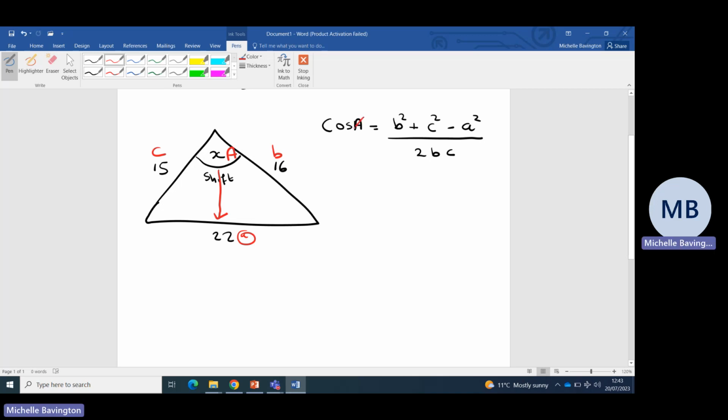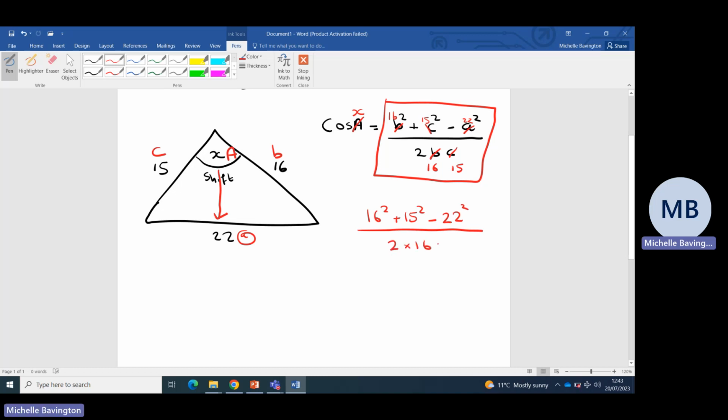So cos x, because we don't know it. B is 16, C is 15, A is 22. So I'm going to put all this into my calculator. 16 squared plus 15 squared minus 22 squared divided by 2 times 16 times 15.